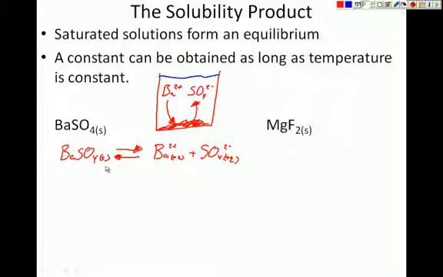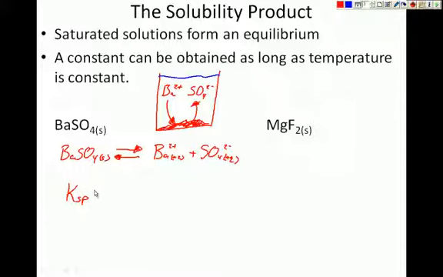Since it's an equilibrium reaction, we can come up with an equilibrium equation. Instead of calling it KEQ, since it's a solubility question, we call it KSP, a constant for the solubility product.